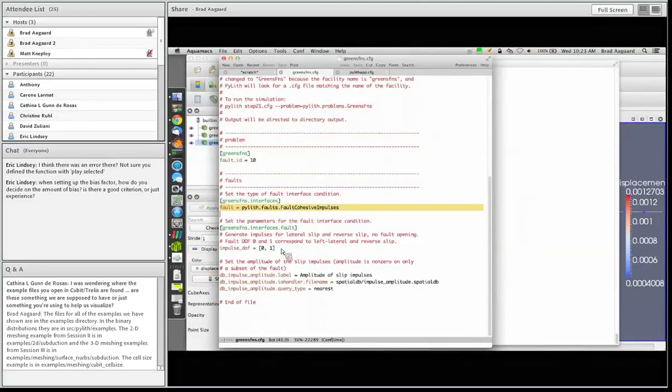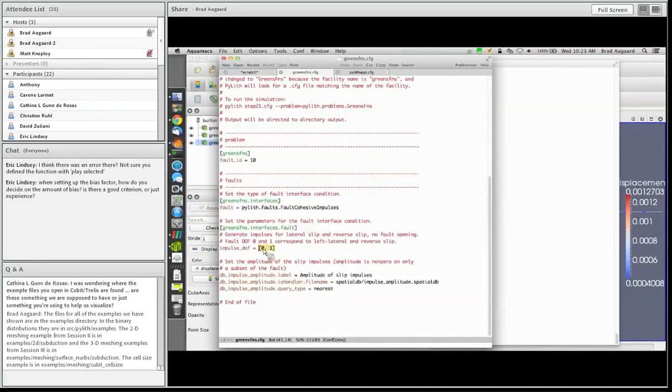The amplitude of the impulses is in a spatial DB. This file has a 2D variation of the impulse amplitude rather than just a linear variation. We're again using nearest interpolation. So let's quickly look at what that impulse amplitude looks like. Our data dimension is 2. We're specifying our data on a plane. We have 35 locations.